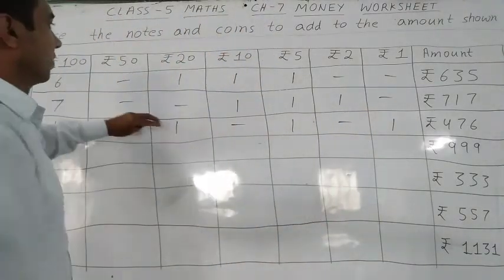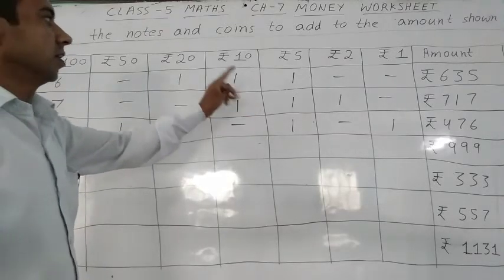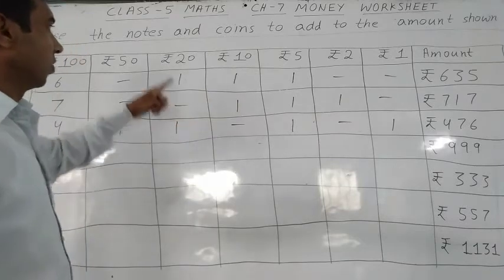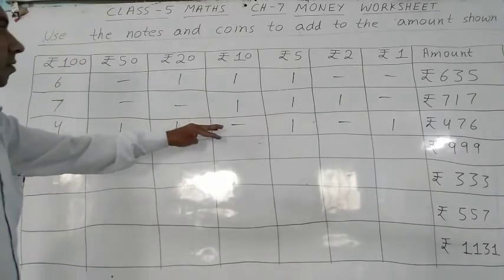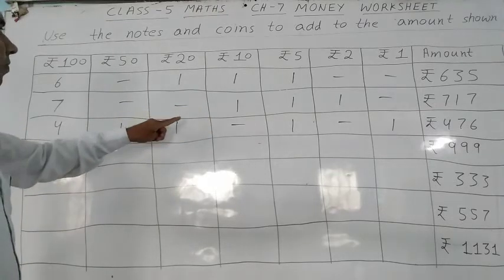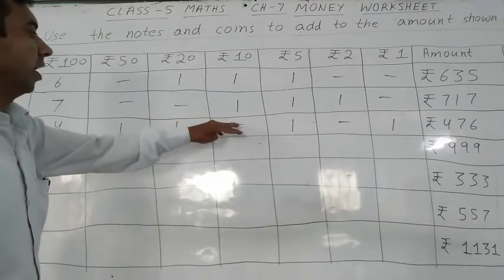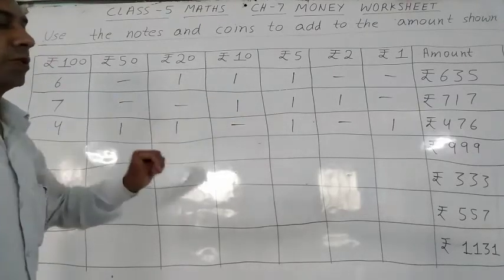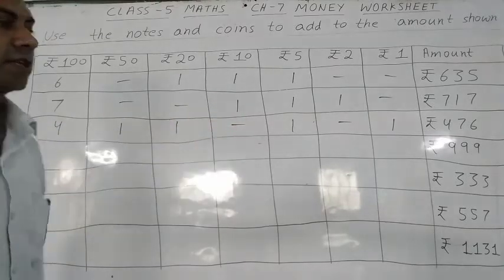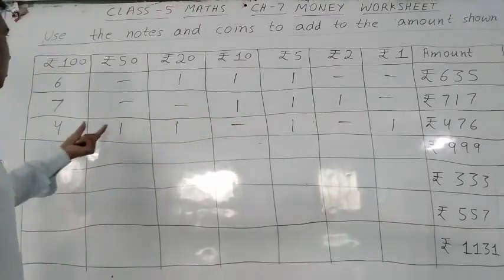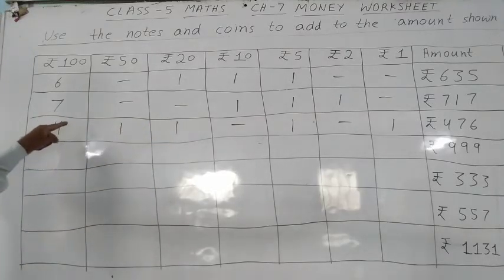To make 70, we can take, student, 7 10 rupees notes also, and we can take 2 20 rupees notes and 3 10 rupees notes, 20 20 40, and 3 into 10 30, 40 30 70. But it is easier to take 50 20. Clear? So I am taking this only.